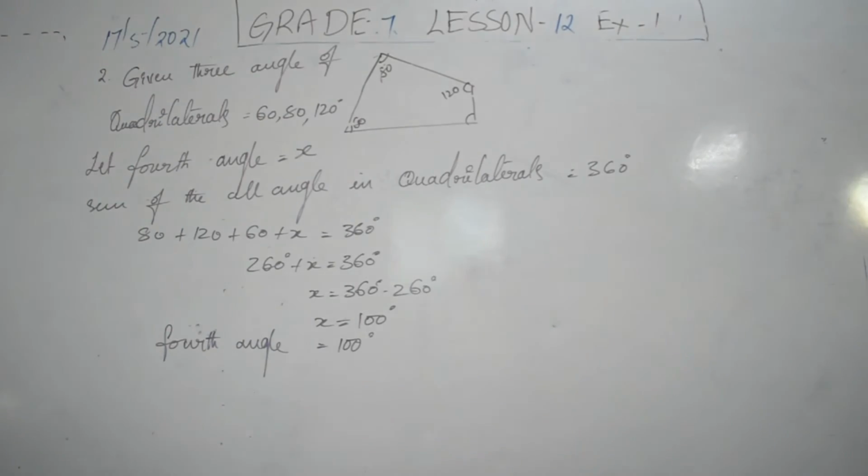Next problem. The angles of a quadrilateral are in the ratio 2:3:4:6. Here ratio is given. What are the four angles? Right, that is.